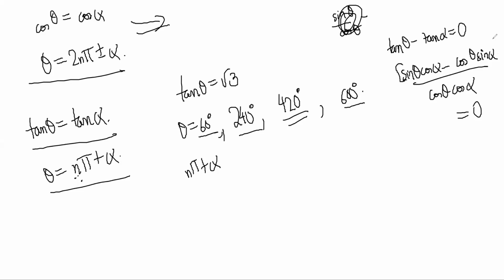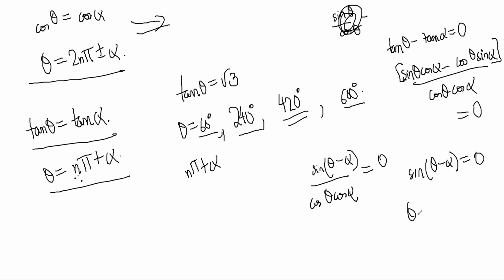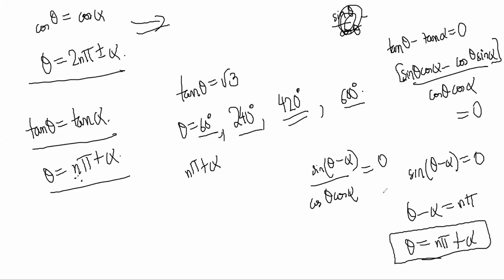So this is equal to sine of (theta minus alpha) by cos theta cos alpha is equal to 0. So that means sine of (theta minus alpha) is 0. So theta minus alpha can be n pi. So theta will be equal to n pi plus alpha, no? A fraction can be 0 if the numerator is 0. So this fraction will be 0 only when the numerator is 0. Numerator is 0 when theta is equal to n pi plus alpha. Makes sense?